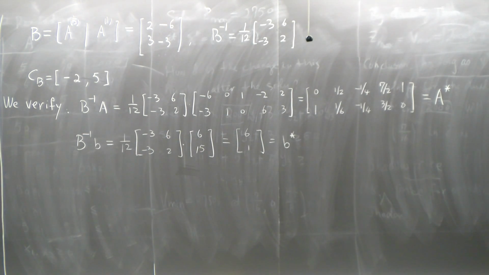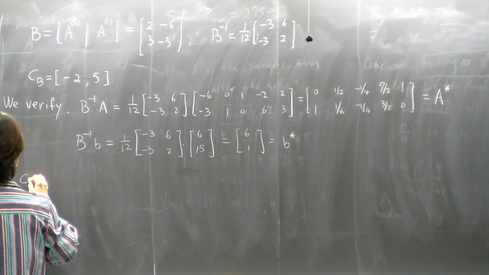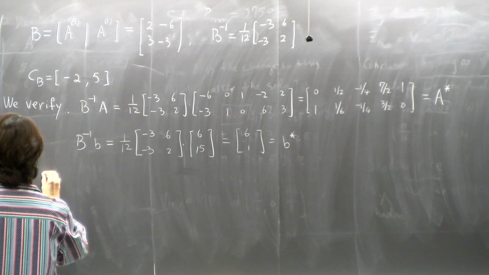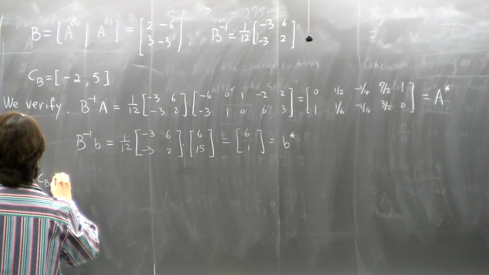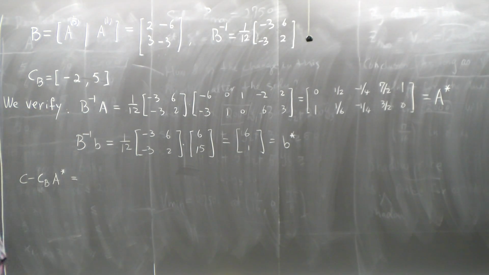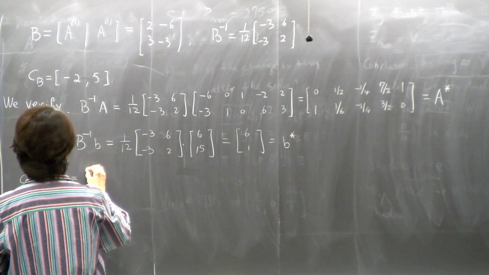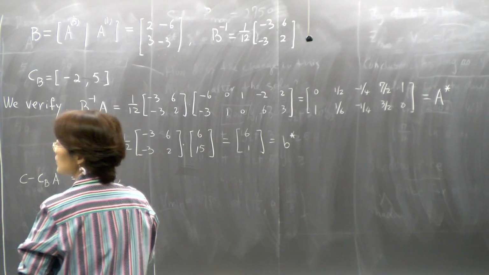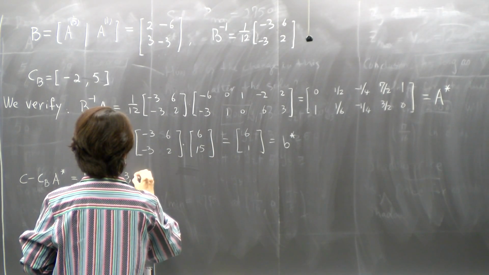Now let's verify the third one. So let's compute C minus C_B A star. So what is the C? Well, C is this long vector. So let's copy it down: 5, 0, 0, 3, -2.